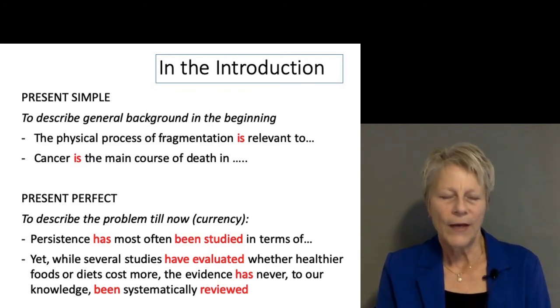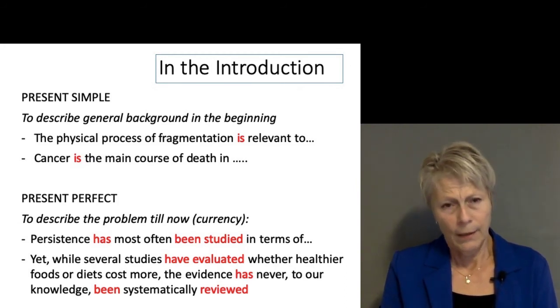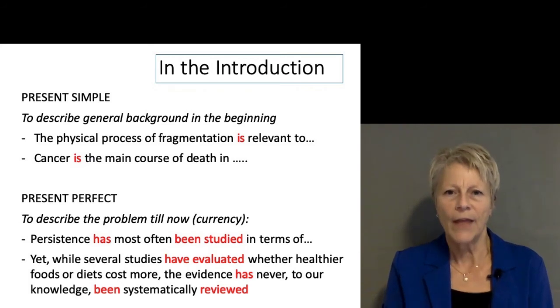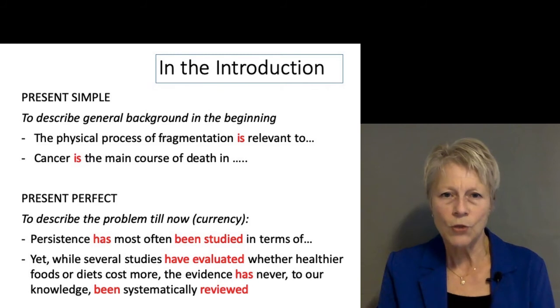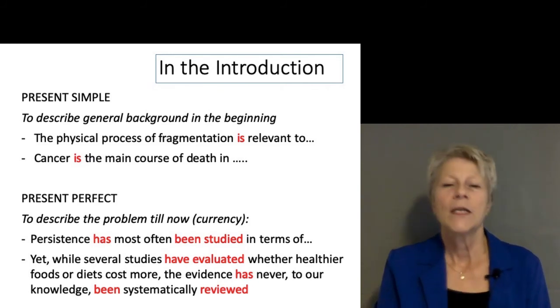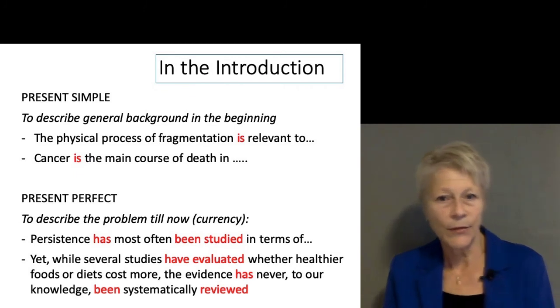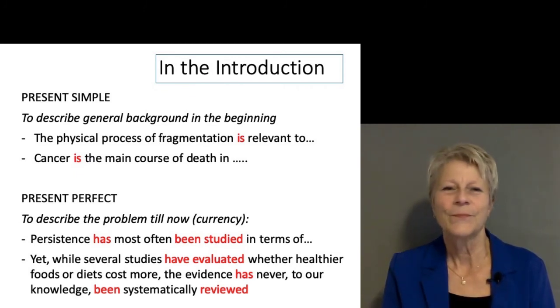You won't go wrong there. You use the present perfect probably now and then in your introduction to describe the problem till now, and then to emphasize the currency. Persistence has most often been studied in. Several studies have evaluated but has never been systematically reviewed. A passive structure there, has been reviewed.